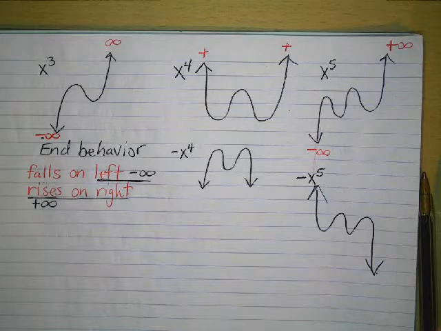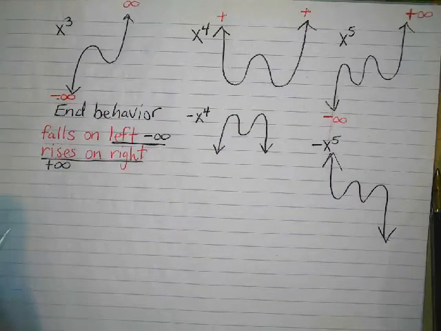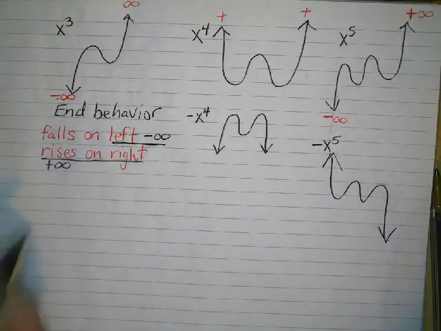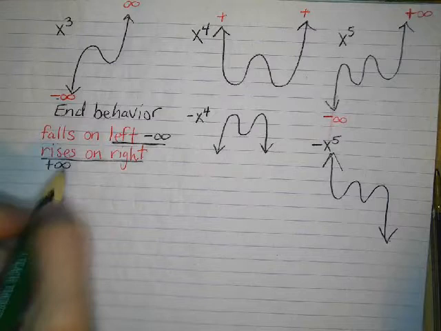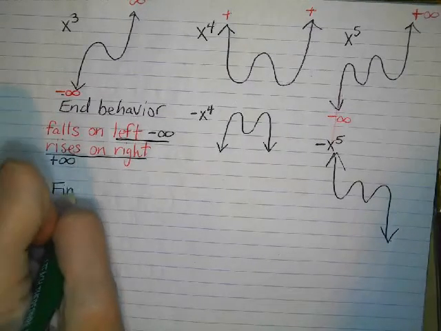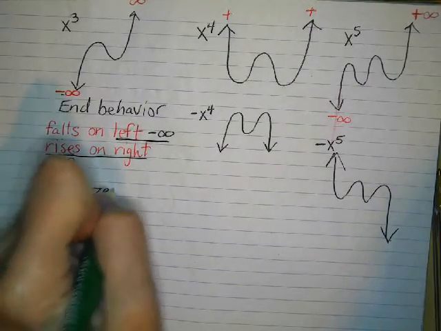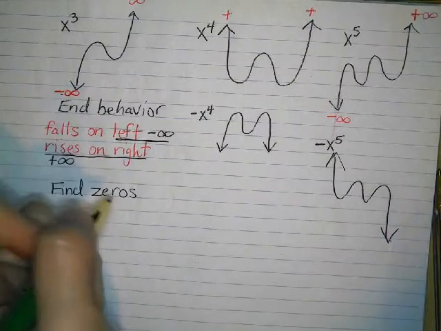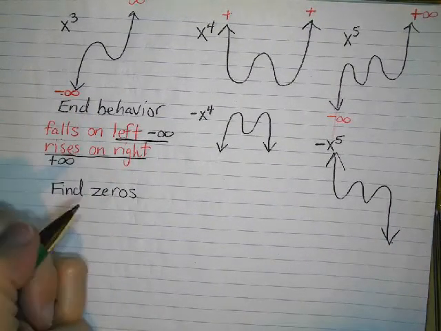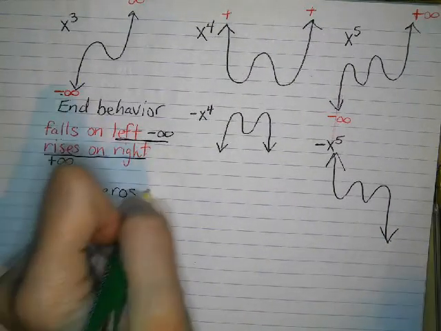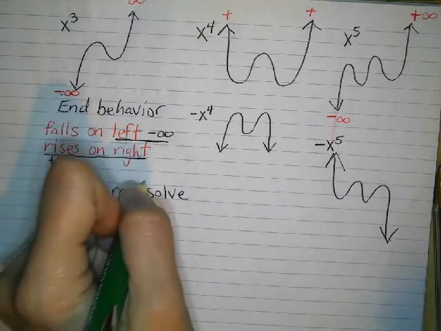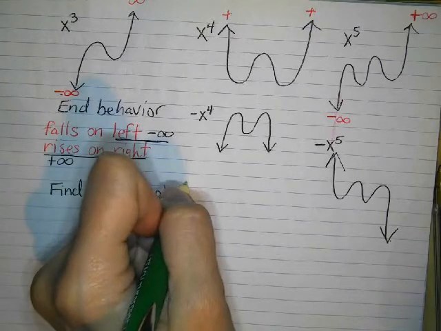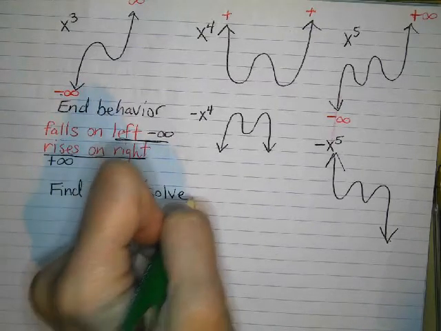All right. Finally, they get to problems where you have to solve. So not only talking about what the graphs look like, they'll have you find the zeros of the graph. Finding zeros means solve the problem. It's the same as solve. It also is the same as find the roots.